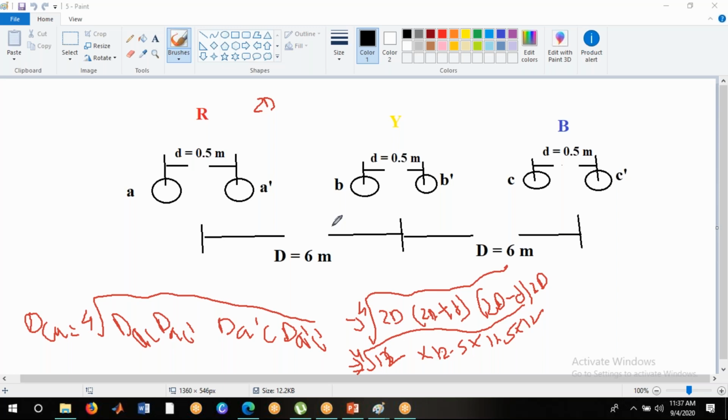It is 11.994, right? So the DCA value is 11.994. Now we got DAB and DBC, DCA. Now substitute in the DM value.